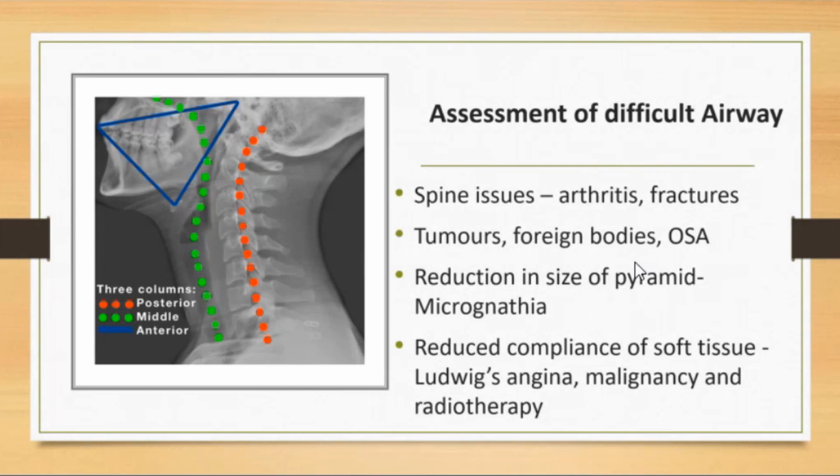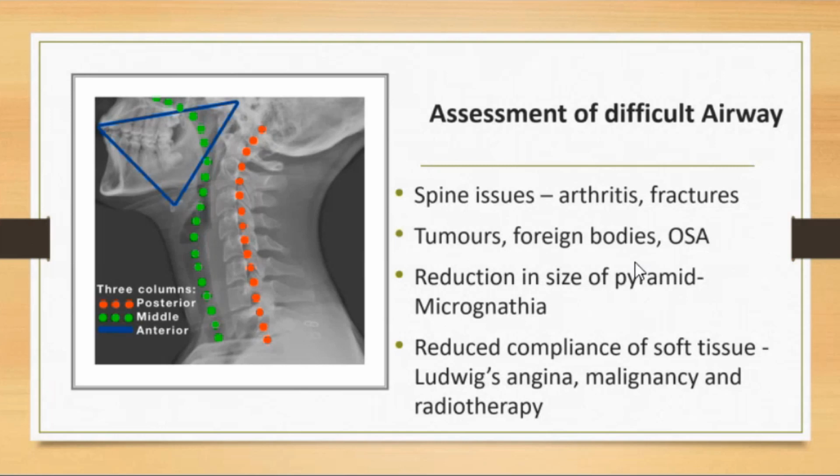The anterior column is like a pyramid. Its vertices are on the temporomandibular joints and on the incisor teeth. The apex is on the hyoid bone. So the size of it is very important for us because we need space to push the soft tissue structures to one side during intubation.